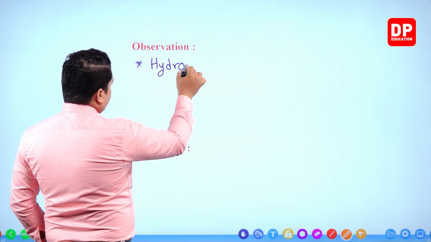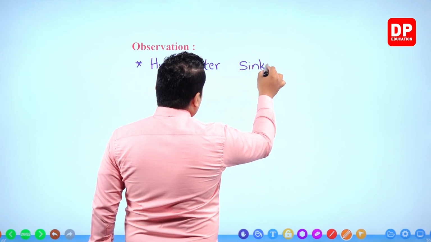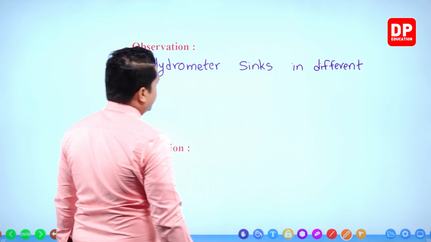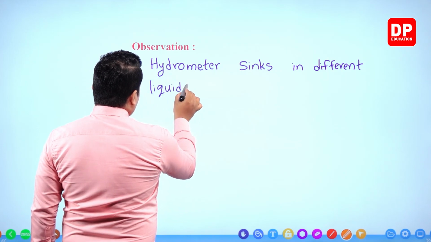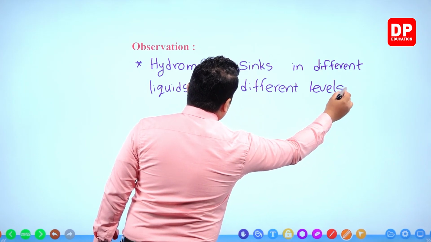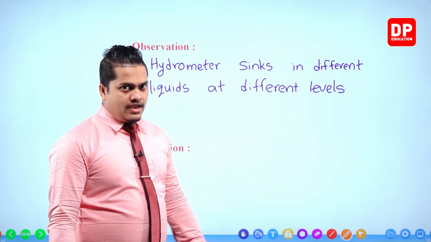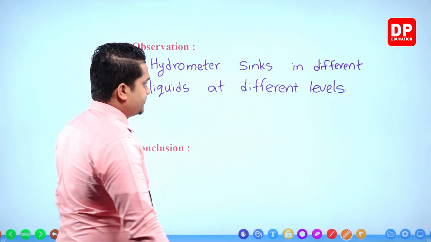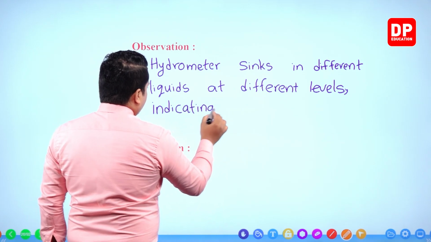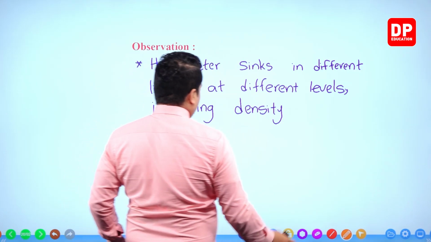Hydrometer sinks in different liquids at different levels, indicating their density on the scale.